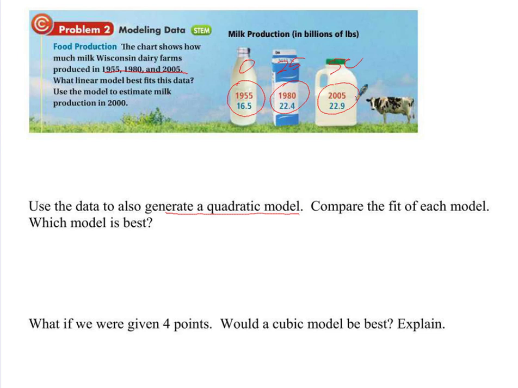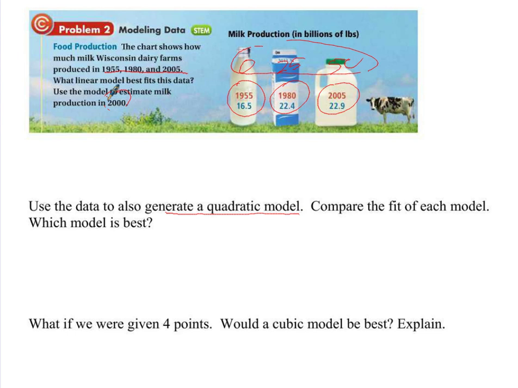We could say that 1900 is 0, and in that case this would be 55, this would be 80, and this would be 105. I like to go with the option that's going to give me the smallest possible numbers. But when I do that, I have to remember that I've changed the numbers that were given to me into these numbers here. So when I go to plug in 2000, I'll have to remember that.